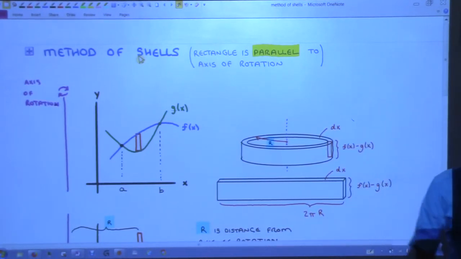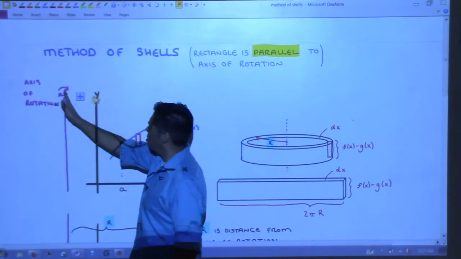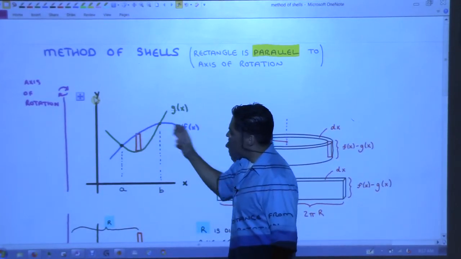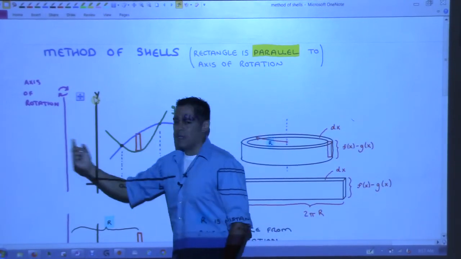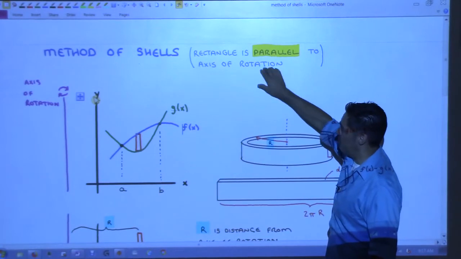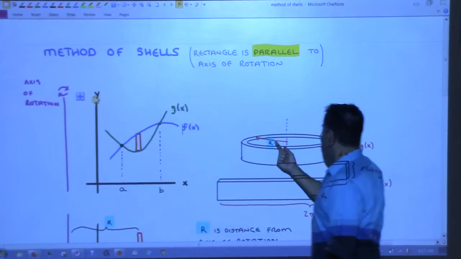This note says, if we have a vertical axis of rotation and a region where it's very convenient to use a vertical rectangle, then if we want to wrap this, we can't use washers, we have to use shells. The rectangle is parallel to the axis of rotation. Then you wrap it around and you get this object.